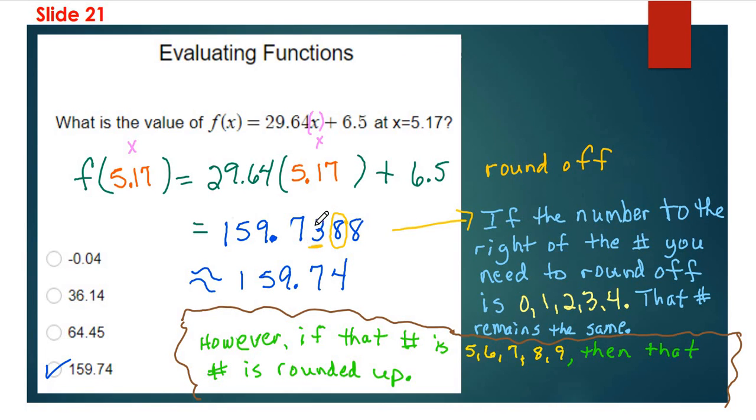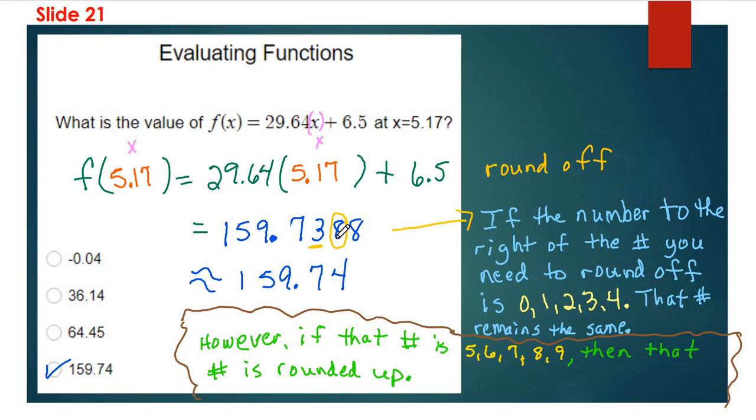Now, as I look at this right here, this is 1, 2. This is the number that either stays at a 3 or rounds up to a 4. So is this going to be 0.73 or 0.74? So in order to determine that, I'm going to look to the number directly to the right of it. If the number to the right of the number you need to round off is 0, 1, 2, 3, or 4, then this would stay 0.73.